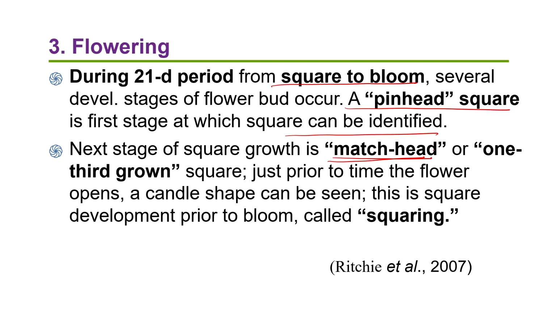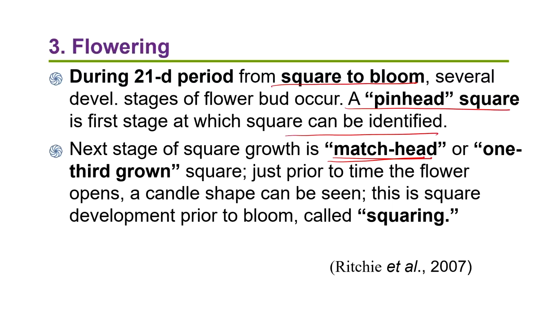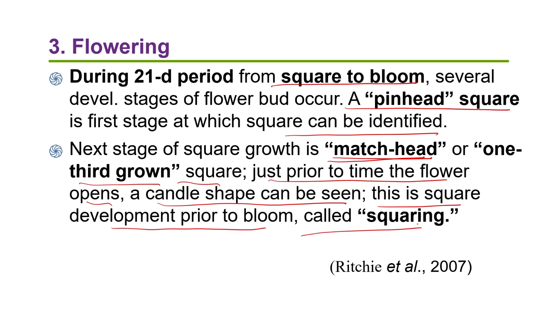You must have seen the head of a matchstick, it is very small. So that is called the match head stage or 1/3 grown square. Just prior to the time the flower opens, a candle shape can be seen. This is square development prior to bloom.